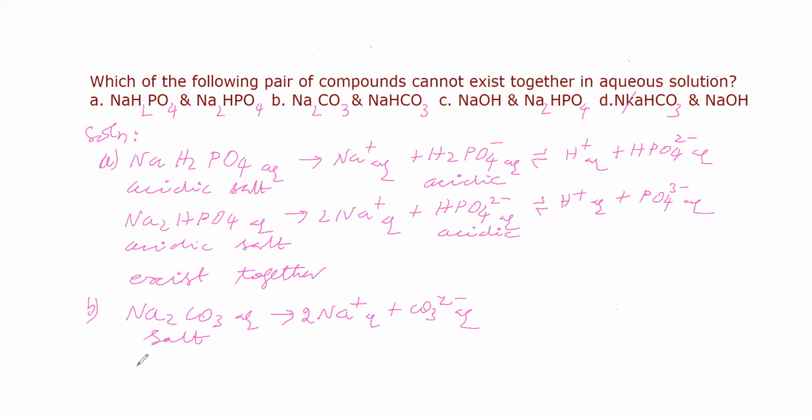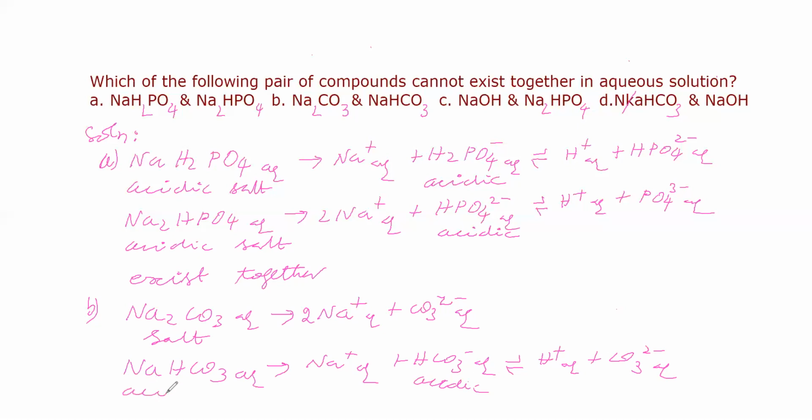The other compound is sodium bicarbonate, which ionizes to give sodium ion and bicarbonate ion. Bicarbonate on further dissociation gives H+ and carbonate ion CO3 2-. Since bicarbonate gives H+, it is acidic in nature, so this salt is called an acidic salt.